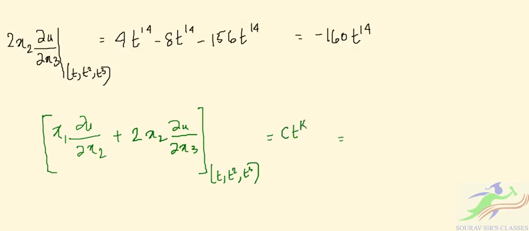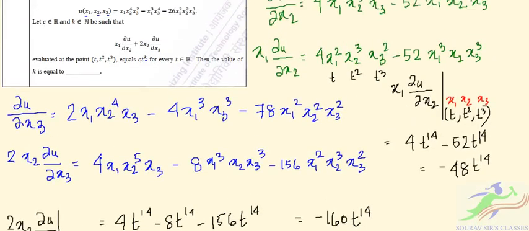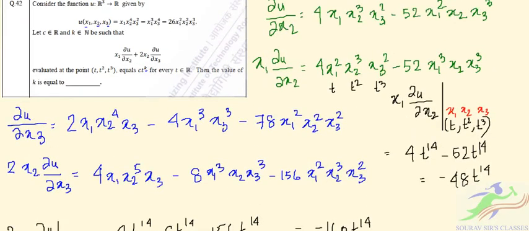We already have for the first one minus 48 t to the power 14, minus 160 t to the power 14. So it is coming as minus 208 t to the power 14. So we have to find the value of k. K is equal to 14. Okay, so this is our result. So yes, the value of k will be 14.